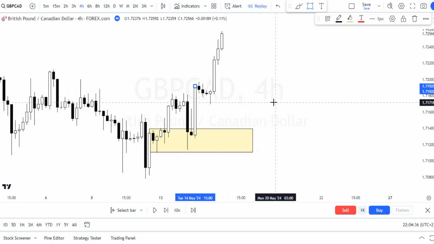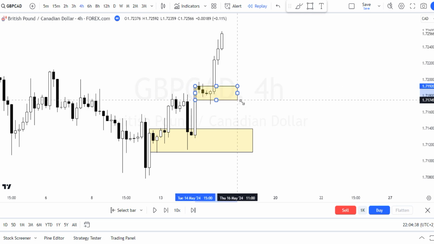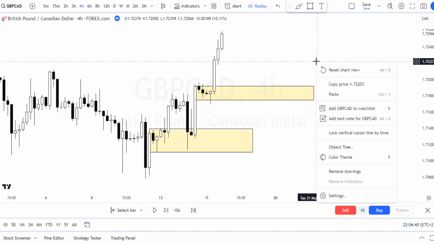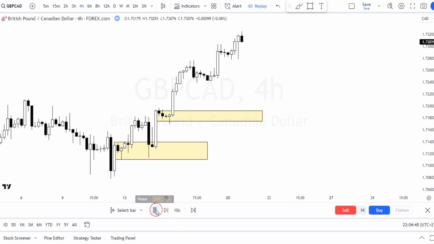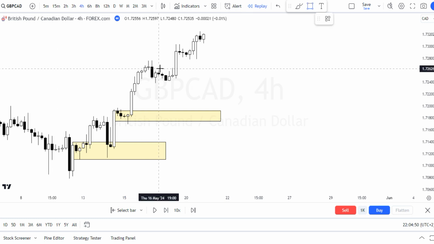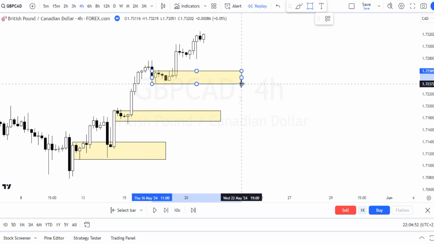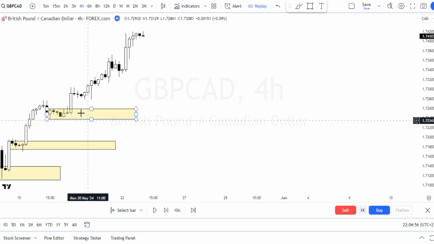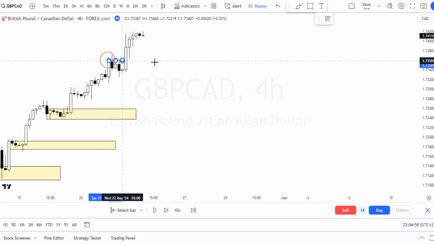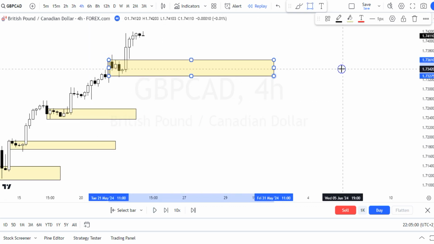And now we have another order block. One second, we have another order block here, and if I just go forward, we will see we have got another order block here. Now let me go forward, and we have got another order block here.